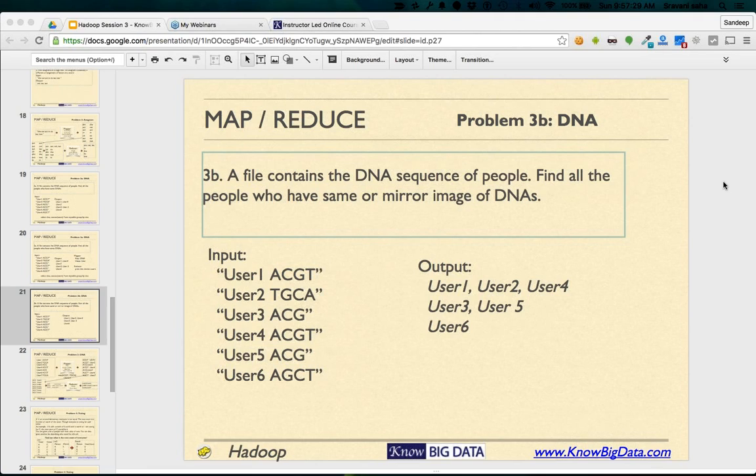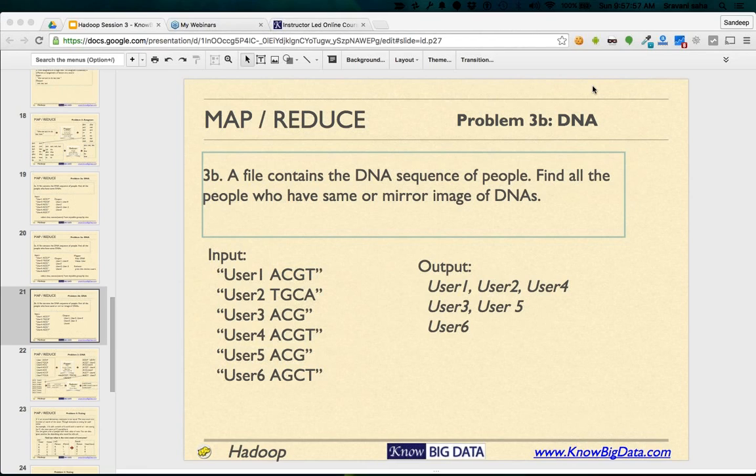This is tricky. So here, user 1, user 2, and user 4 have the same DNA or the mirror image of each other. User 1 and user 4 have identical DNA, while user 2 has just the mirror image. User 3 and user 5 have identical DNA, while user 6 is not with anyone.